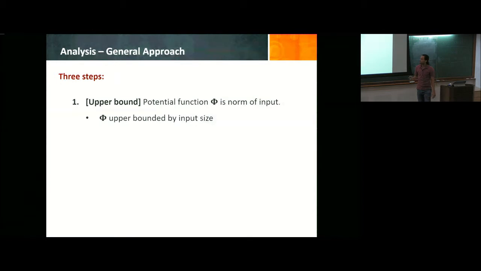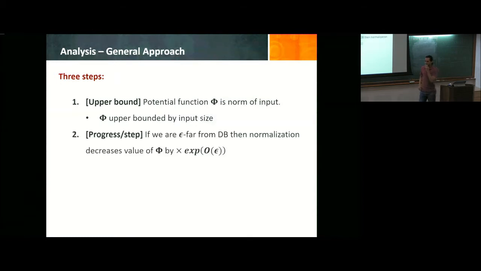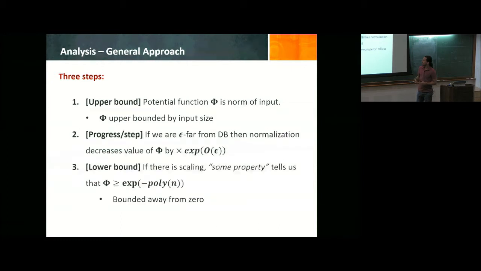So that's fine. Now, we have to say that if we are epsilon far from being doubly balanced, then this normalization, multiplying the rows or the columns, will decrease the value of the norm by a multiplicatively constant value. And in the end, we need a lower bound.